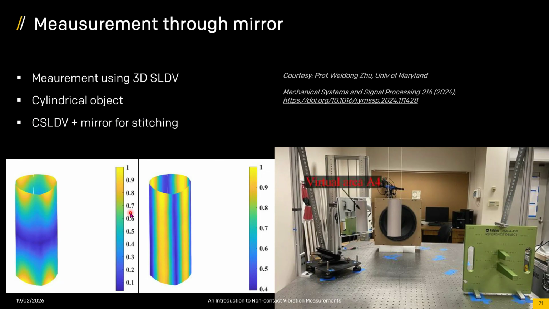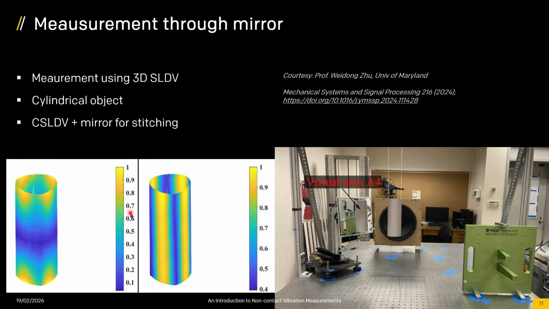They use a very unique way of measuring with the scanning vibrometer called CSLDV, which is continuous scanning LDV, where the beam is constantly moving on the surface to pick up various modes. So fascinating research there.